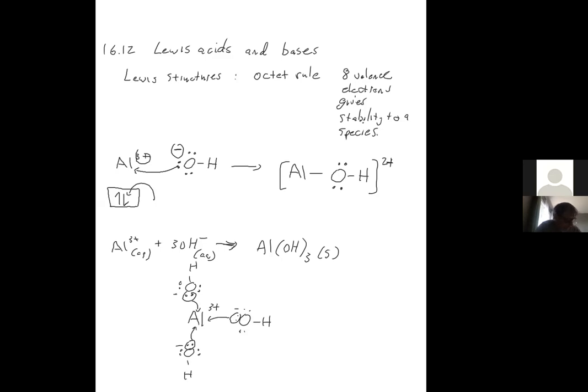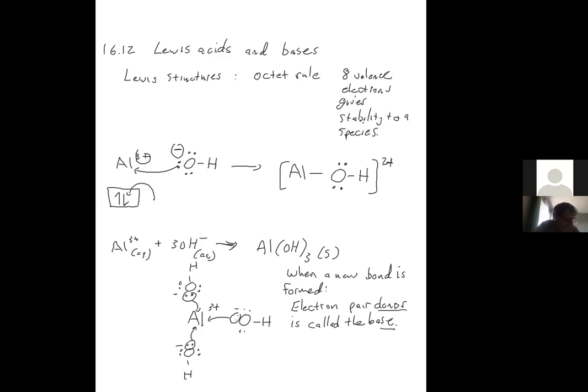So here's how we're going to define it. When a new bond is formed, the electron pair donor is called the base. Okay. The donor is the base.